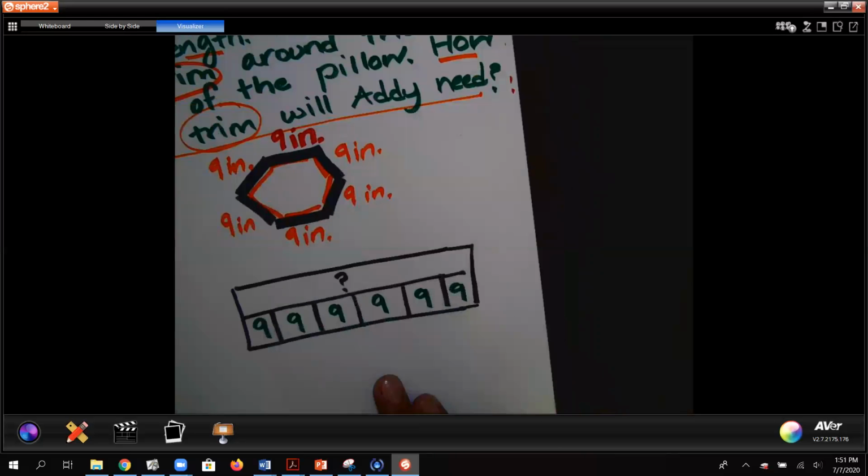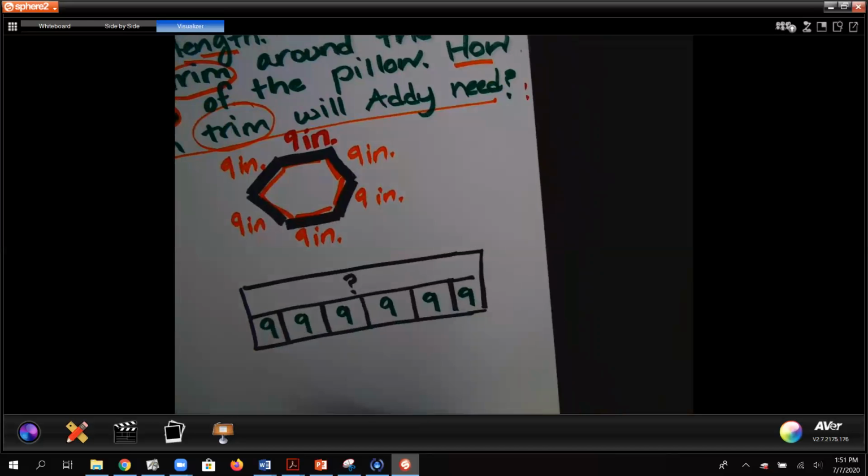And how will we find that? Well, there's a couple of ways. We find the perimeter by adding all the sides, right? So you can use repeated addition and add 9 plus 9 plus 9 plus 9 plus 9 plus 9. Or you can do 6 times 9. Why can we do that?